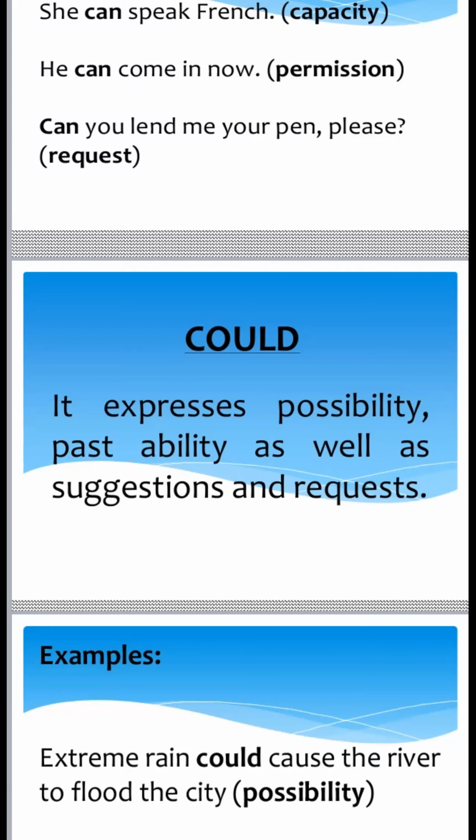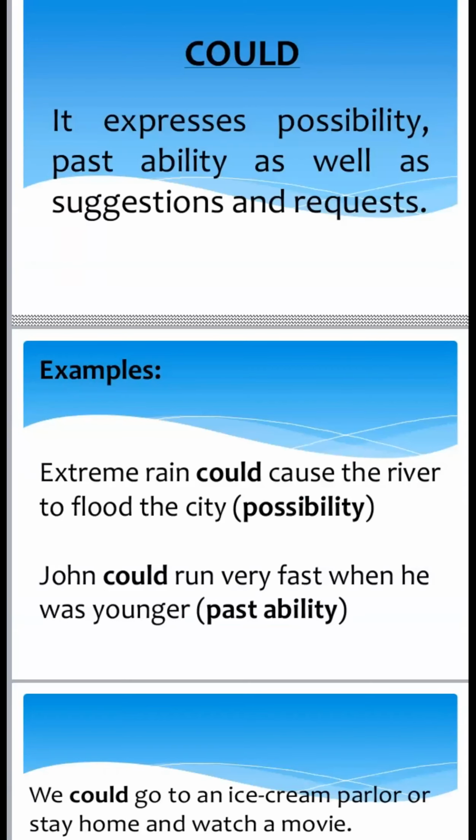If any request, capacity or possibility is considered in the past, you have to use it in the past form. For example, extreme rain could cause the river to flood the city.